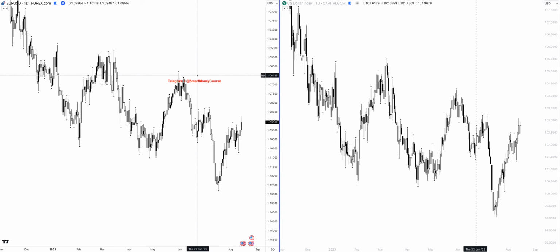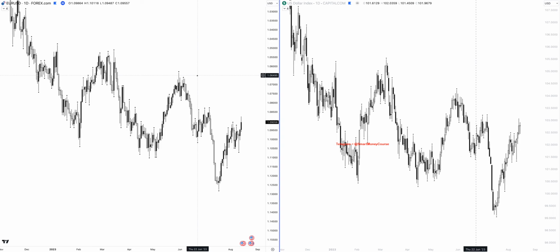If that is in sync with our bias for the day, when we're looking at EU or GU, dollar traded correlated pairs, that's going to help us frame up higher probable trade ideas, because the higher time frame will always trump all. We know this, and understanding where the DXY, or where the dollar's perhaps going, is going to give us a bit more of an edge and increase that win rate.